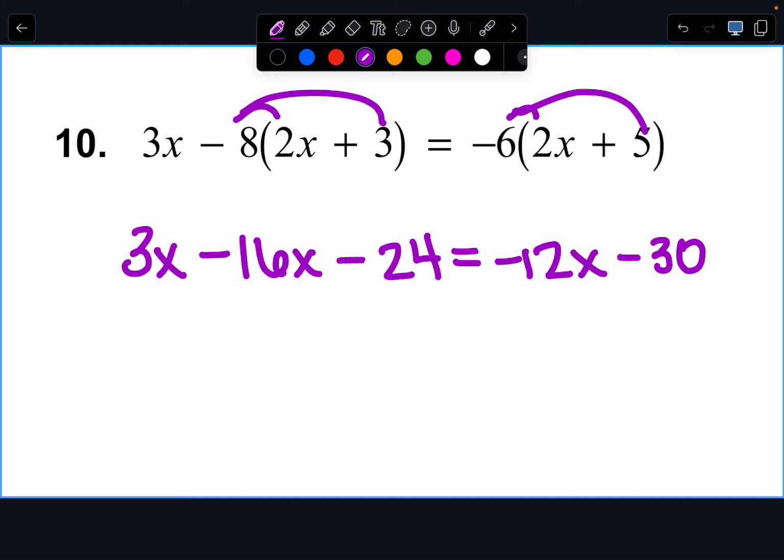I already did distribute. We have to combine like terms. Thank you, Josephine, and thank you, Liliana. We have like terms right here, party people. 3x minus 16x.